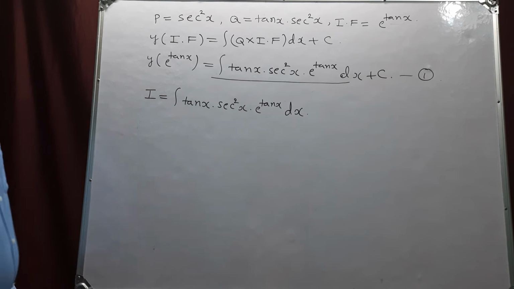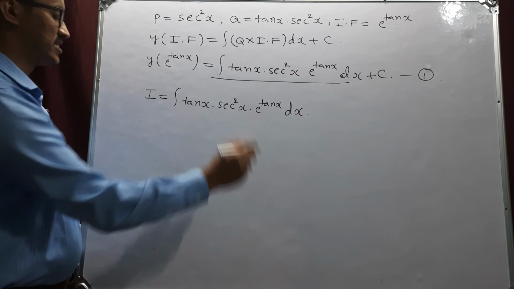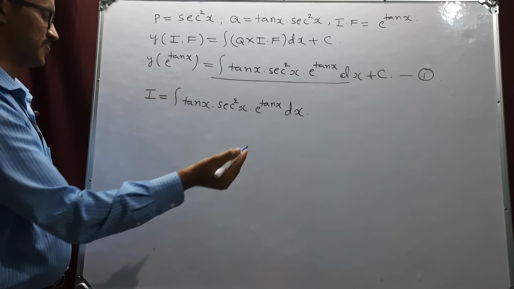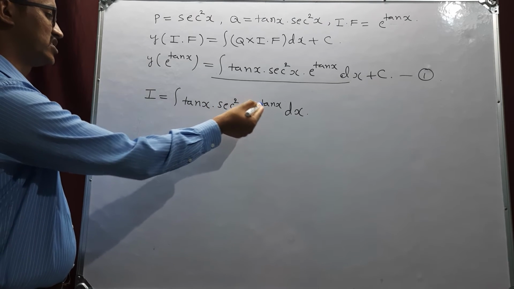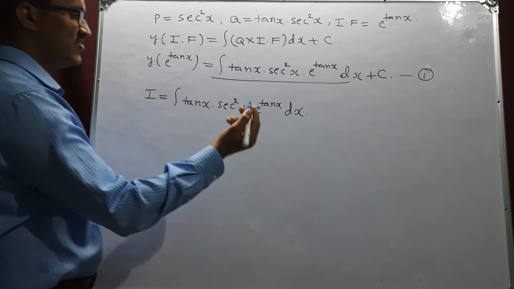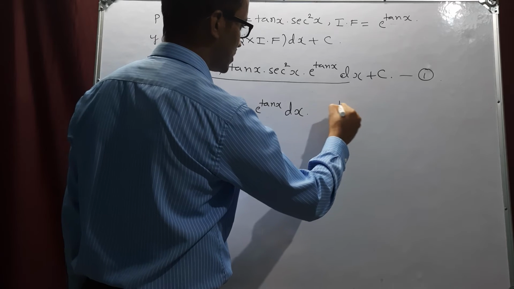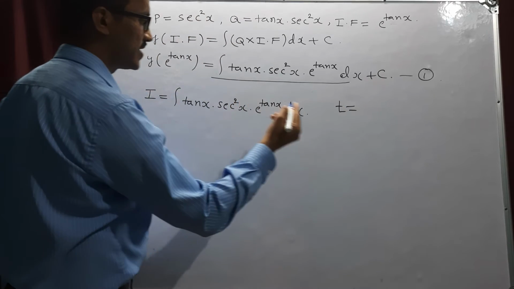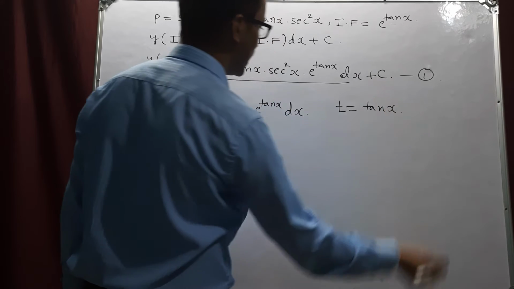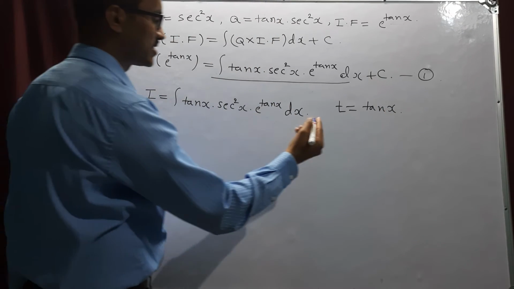We are going to integrate this integral by using the method of substitution. We know that differentiation of tan x is secant square x. So I will take the substitution, suppose t is equals to tan x.